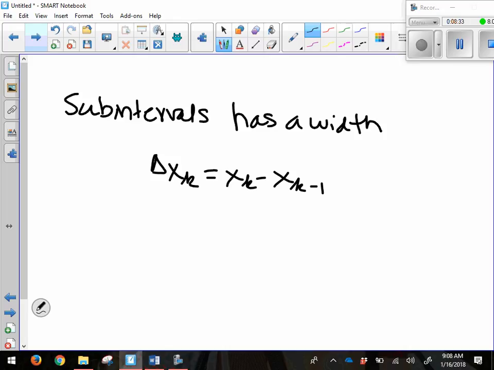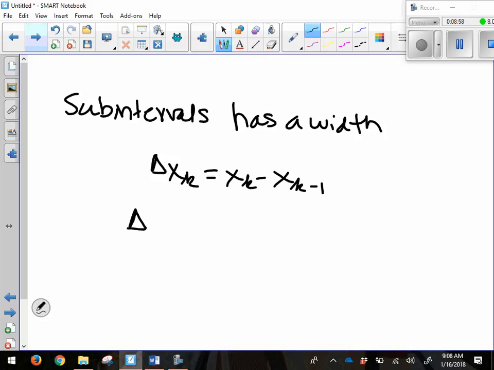It's those points that I use to make the edges of my subintervals. Xk minus 1. The next thing I write down will probably make it make more sense.